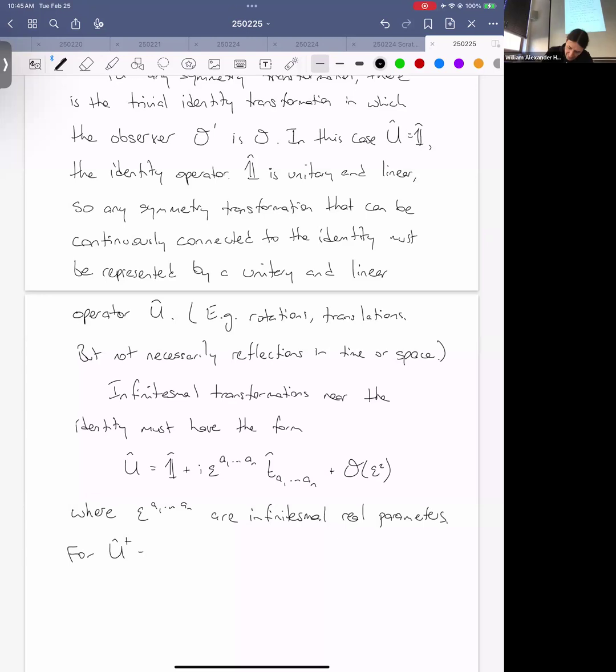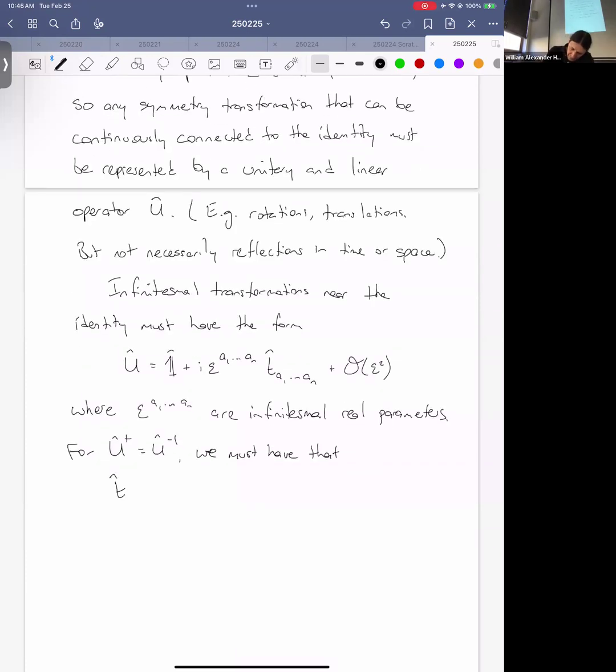Since this U is unitary, U dagger equals U inverse, we must have that the T hat daggers must be equal to T hats.